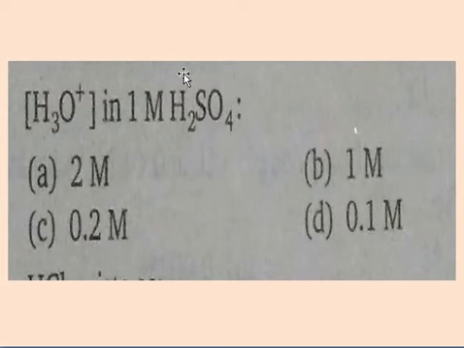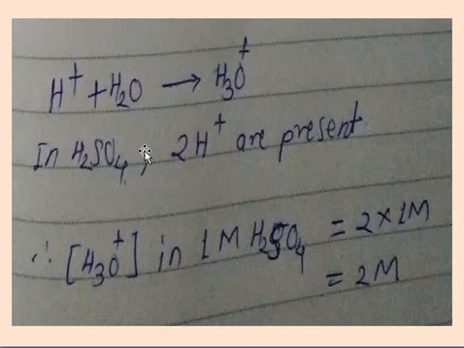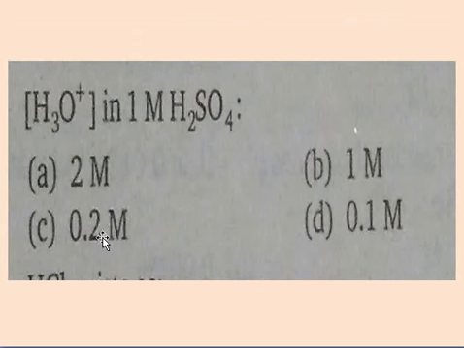Therefore, 1 H2SO4 produces 2 H plus ions. Hence, the H3O plus in 1 molar H2SO4 equals 2 into 1 molar, which is 2 molar. Therefore, the answer is A.